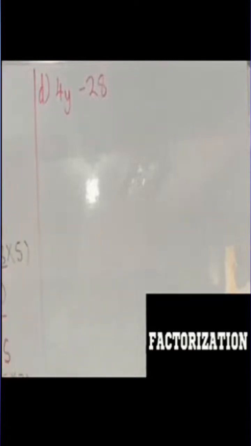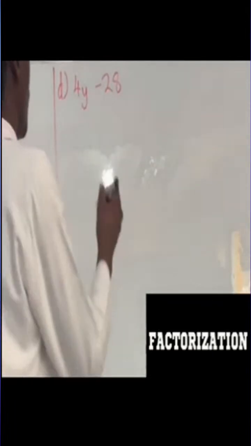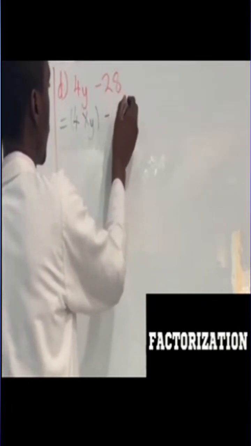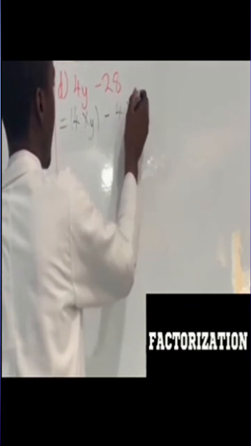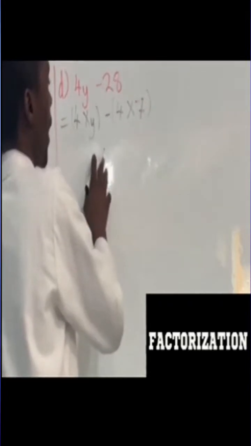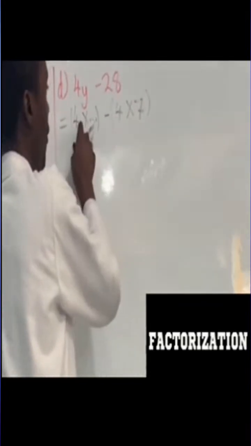Let's look at the next example. 4y minus 28. So in this example now, we are going to factor out 4, so it's going to be 4 multiplied by y minus 4 multiplied by 7. You see that we looked for a common factor which is a factor of both this 28 and this 4y, and it is 4.